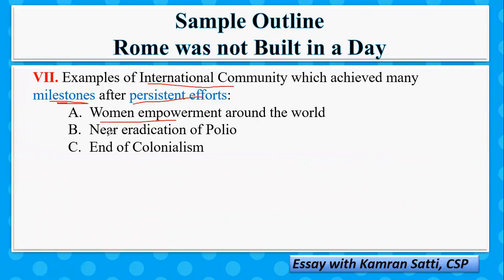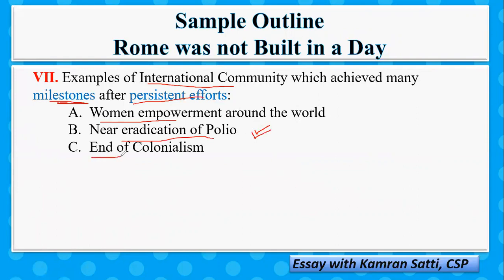Secondly, near eradication of polio. Of course, polio has been eradicated throughout the world except two countries, Pakistan and Afghanistan. Probably Nigeria is also there. But this was a disease which was very much prevalent throughout the world. Through proper vaccination and worldwide campaigns, the international community has managed to contain and almost eradicate this disease.